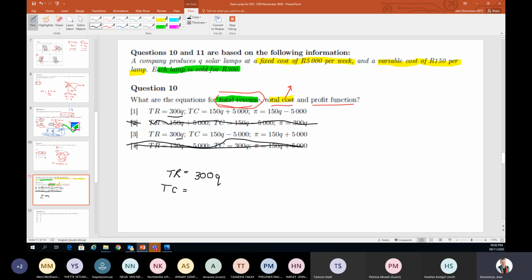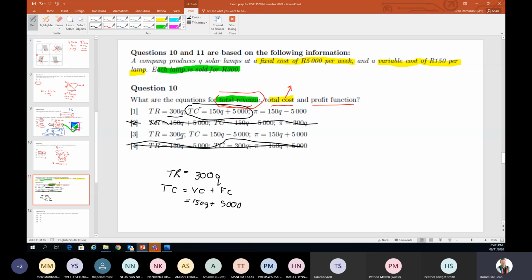So total cost is variable cost plus fixed cost, or fixed cost plus variable cost. So fixed cost was 5,000. Variable cost was 150Q. So 150Q plus 5,000 will give me my total cost.